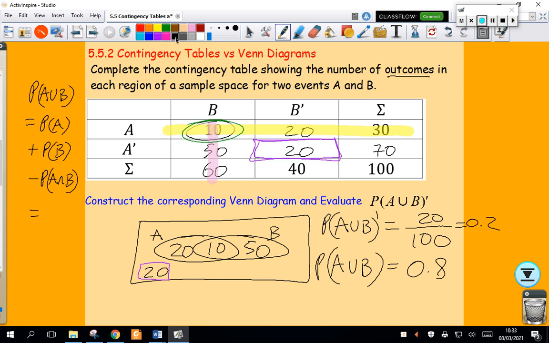So, probability of A plus the probability of B minus the probability of A intersection B.